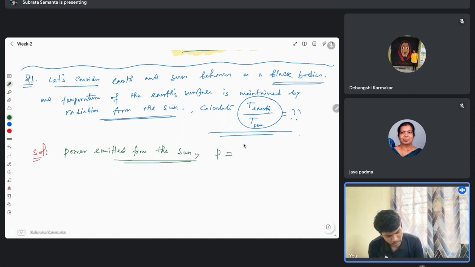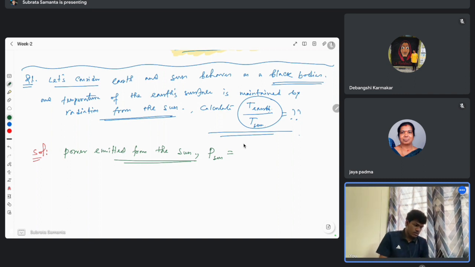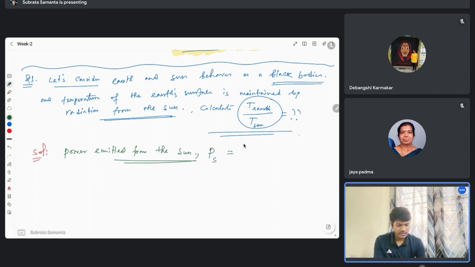Can you tell me what the power emitted from the Sun is? Let's say P sun, the power emitted from the Sun. We denote S for Sun and E for Earth.